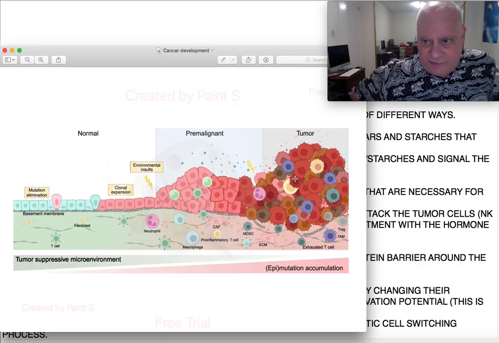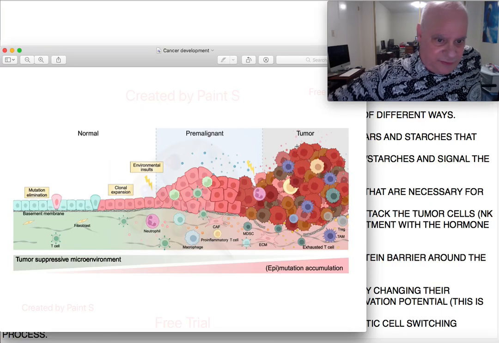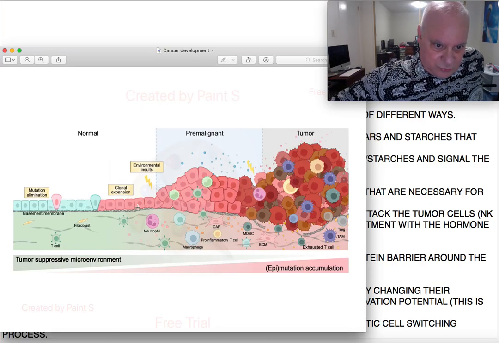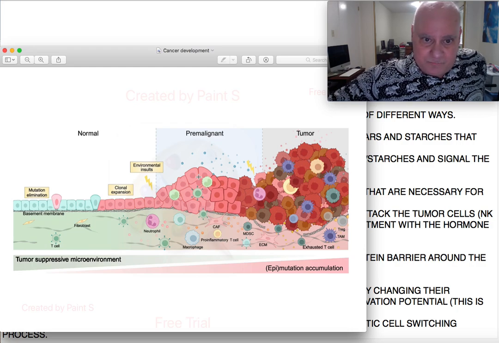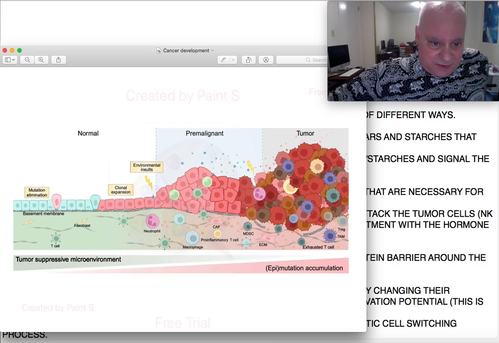Now, first of all, where's inflammation in all this? Well, inflammation really messes up the regulation of cells. So, when you have inflammation, you've got constant irritation of the tissue.